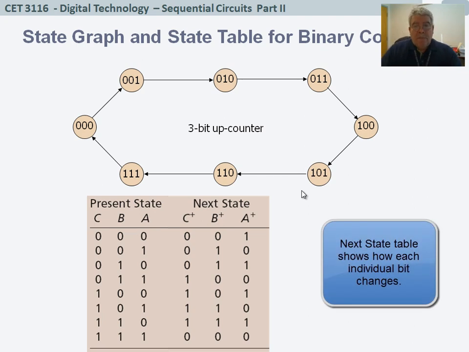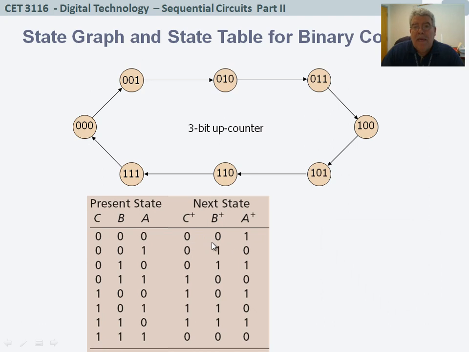So a flip-flop will be pretty much the major player in letting these changes occur and go from a specific state to the next state, from this count to this one, incrementing the count.